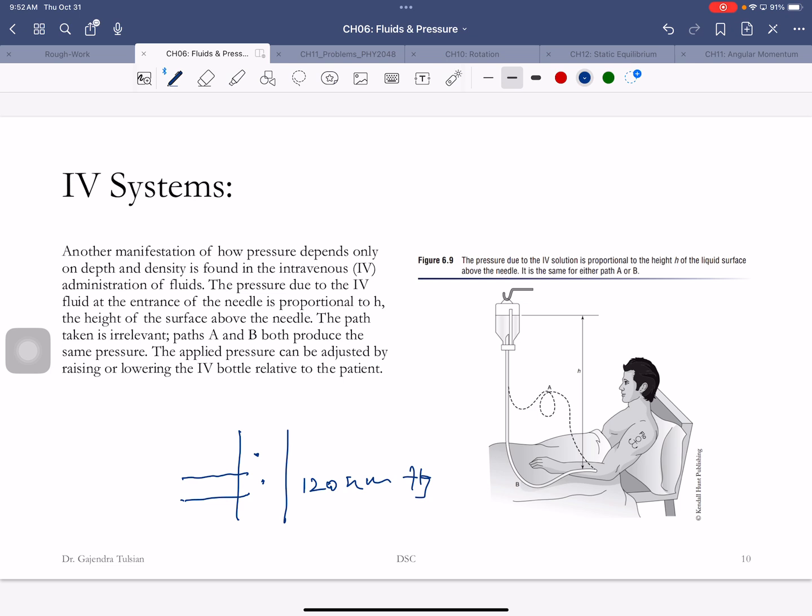So if you have 130 millimeters of mercury, then this fluid will go into the bloodstream, okay? And if this bottle is too low, that pressure won't be high enough, and this fluid will not go in. In fact, if this pressure is lower than that pressure, blood will flow out, and you can see that blood coming into the IV, into the tube.